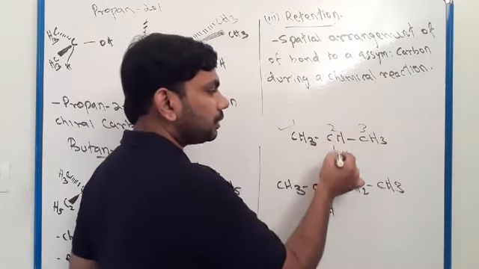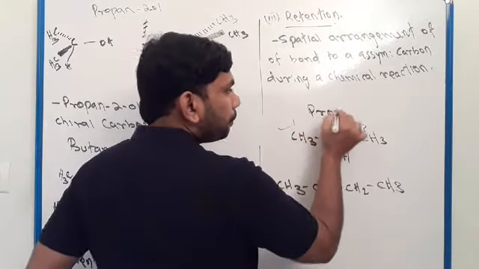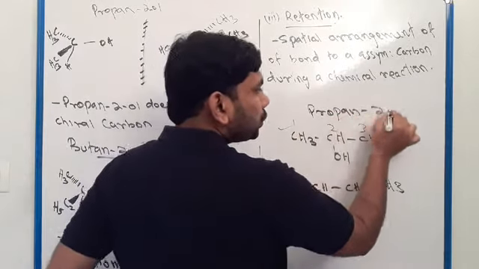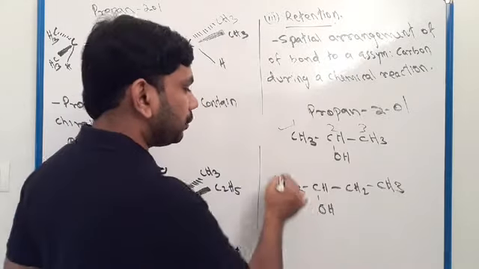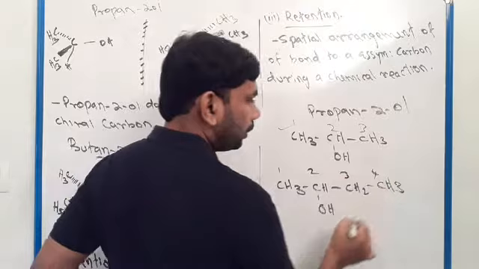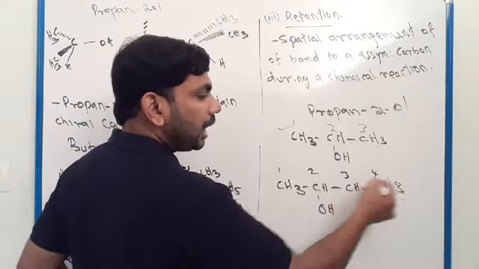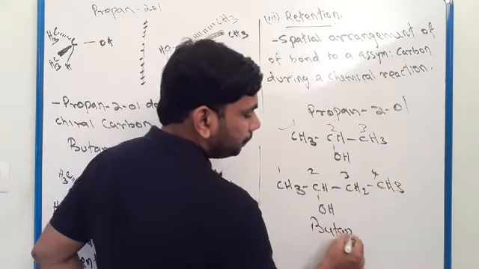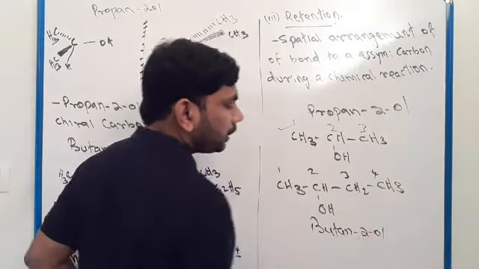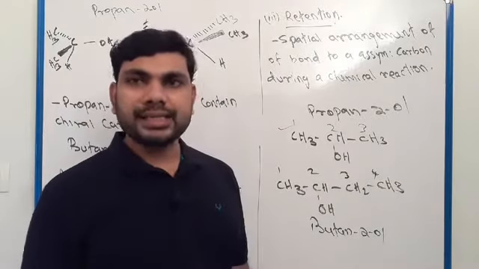In the second carbon there is OH. That's why we can say this is propan-2-ol. This is butan-2-ol. Here 1, 2, 3, 4. Here in the second carbon there is OH and there are total 4 carbon. So butan-2-ol.